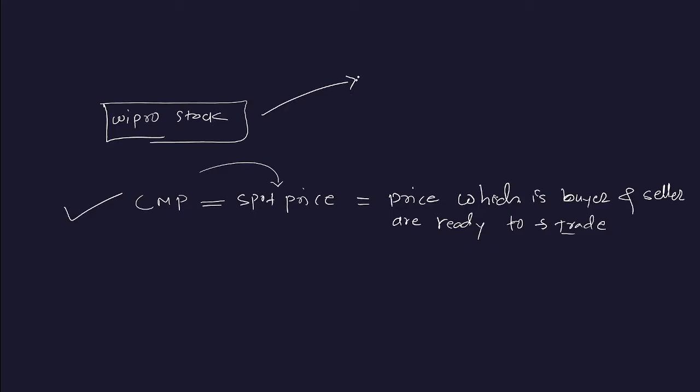But let's say the spot price or current market price of the stock is 420. So you have studied and then you got to know the company's fundamentals are strong, and in upcoming time maybe this price can go up from the current market level.